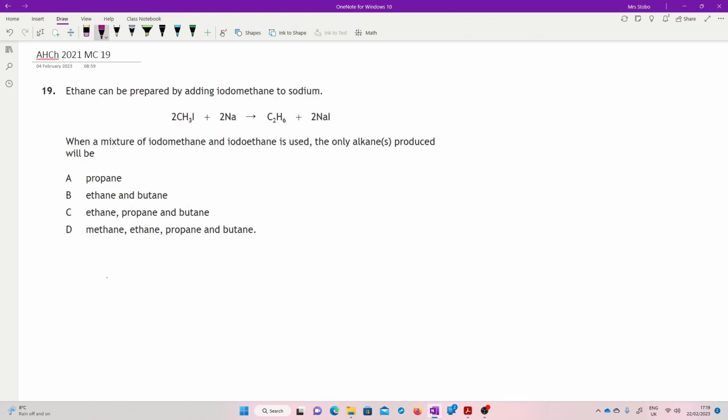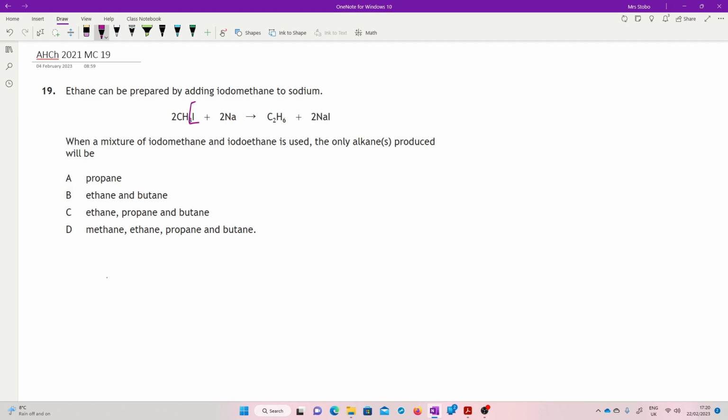Question 19. Ethane can be prepared by adding iodomethane to sodium. There's a little picture of the reaction mechanism. When a mixture of iodomethane and iodoethane is used, the only alkanes produced will be... What we've got here is a substitution reaction where we're taking out the iodine and attaching the two alkyl groups together.